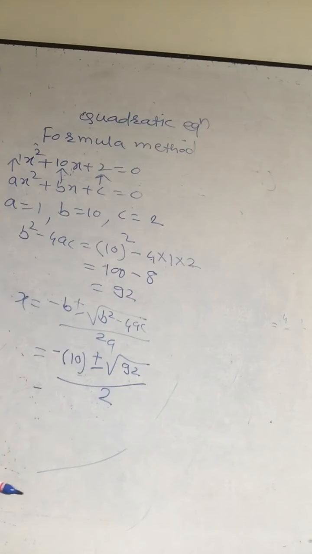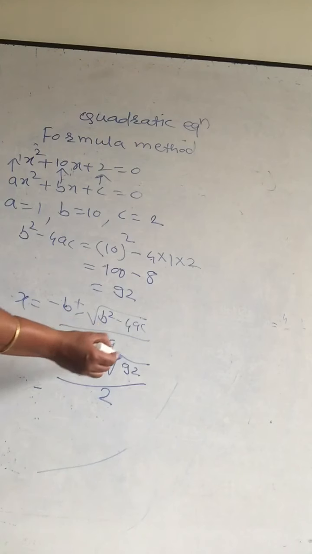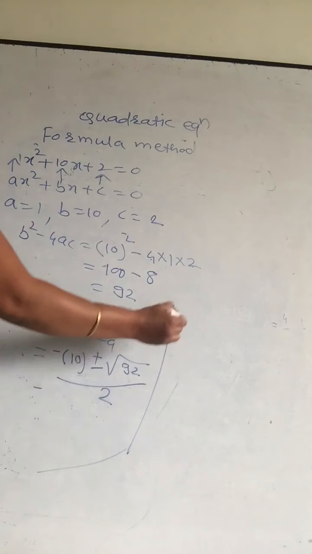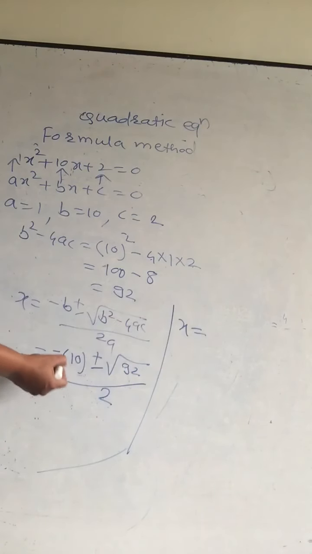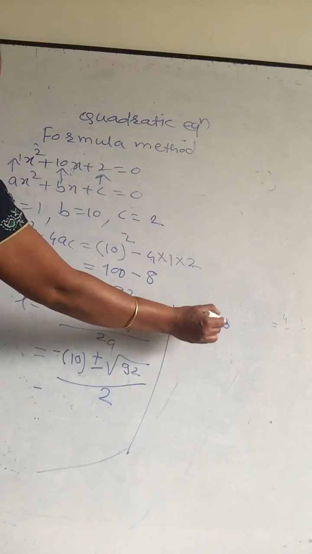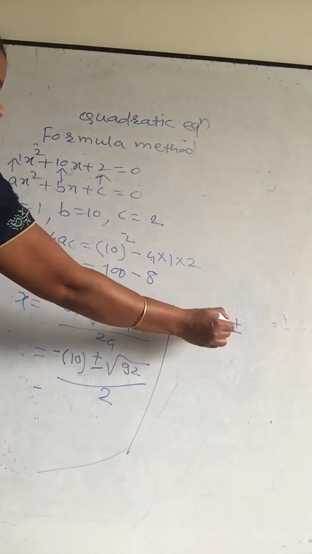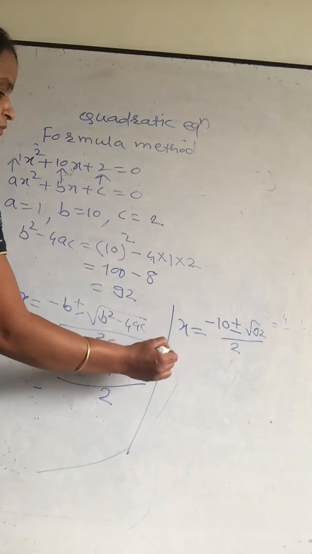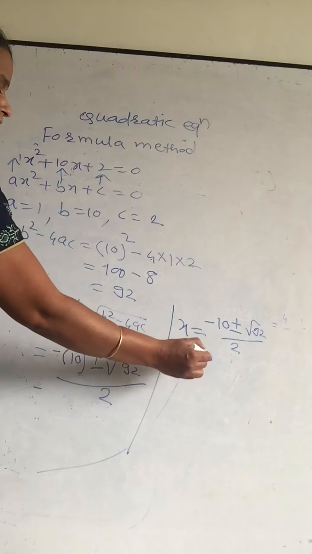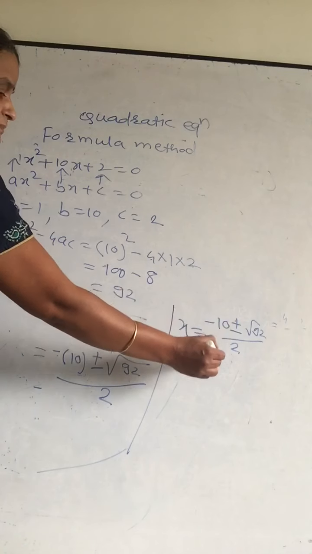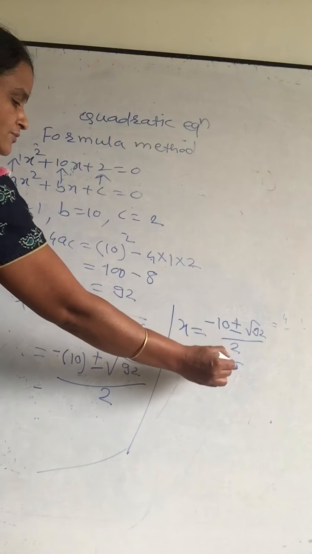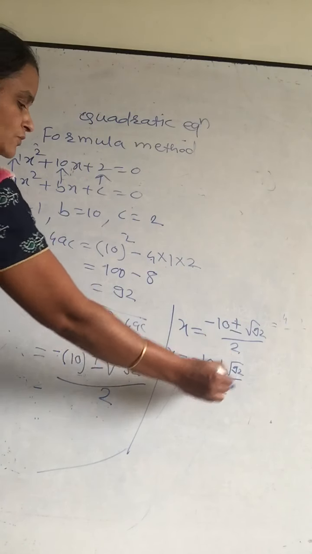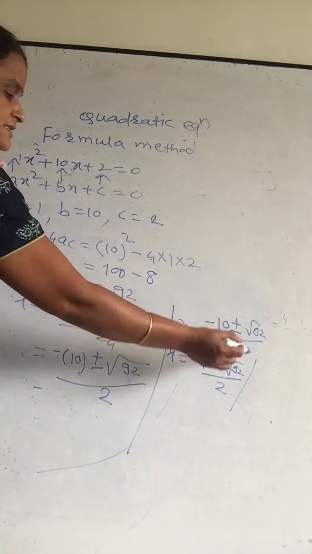Now we don't know the square root of 92. It is not a square number, so if the square root of 92 is not known, then x is equal to minus 10 plus or minus the square root of 92, divided by 2. Now x is equal to minus 10, one time take the plus sign, plus the square root of 92 divided by 2, or one time it gets negative.